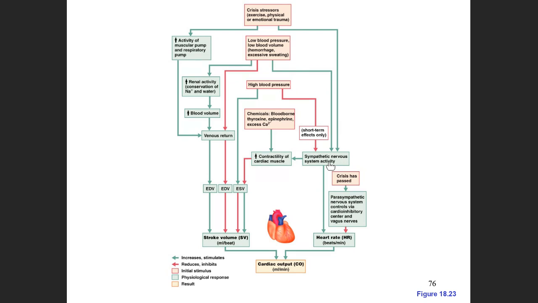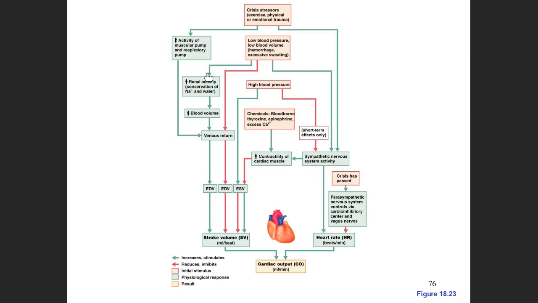From the adrenal medulla, which is controlled by the medulla oblongata, for example. The sympathetic nervous system has two functions: it increases contractility to increase the stroke volume, but sympathetic also increases the heart rate, right? Those are the two factors that increase the blood pressure, so that your cardiac output will be increased. If the blood pressure is low, you're not going to have sufficient oxygen.